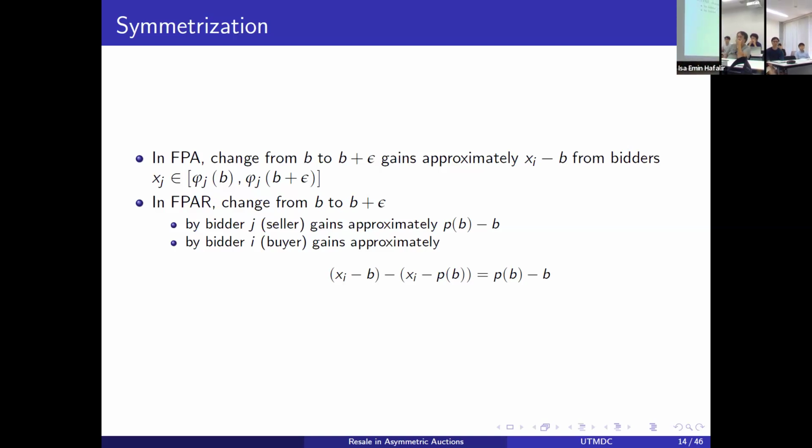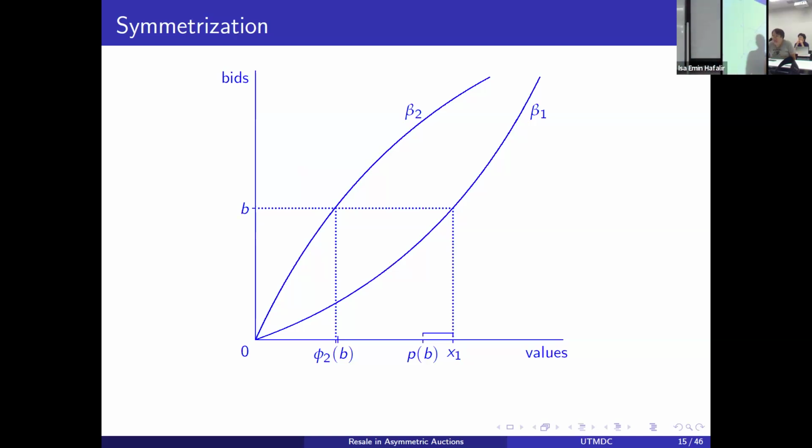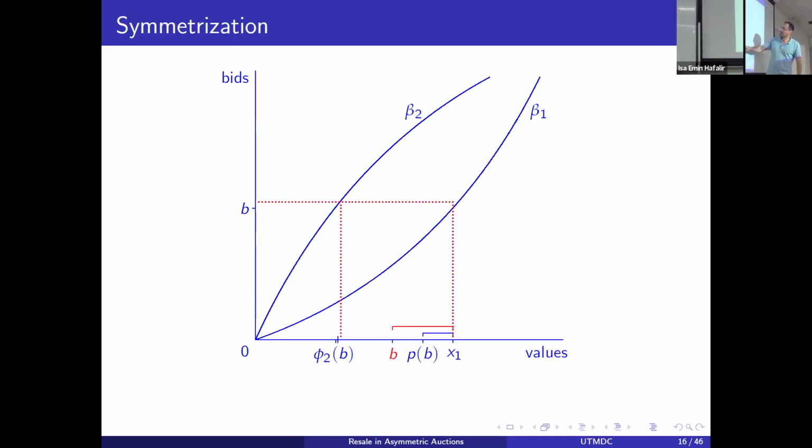This is also nicely depicted here. This is bidder 1, this is bidder 2. By increasing slightly from B to B plus epsilon, for the buyer in the auction part, I used to still get it at the price of P of B. Now I get it at the price of B. So that's my gain.